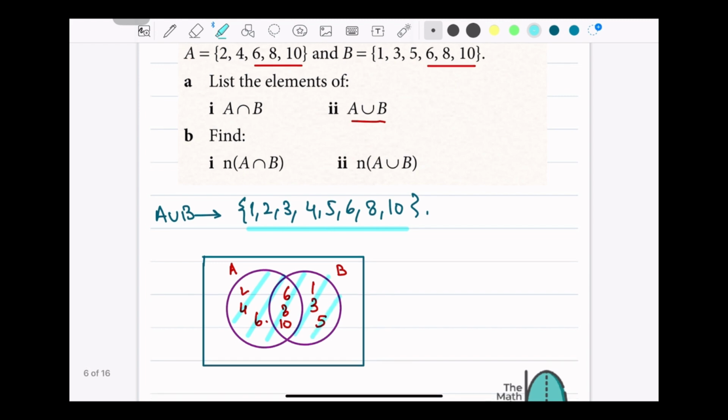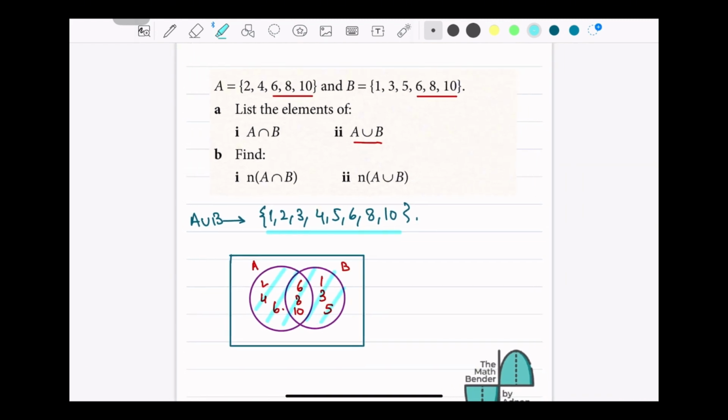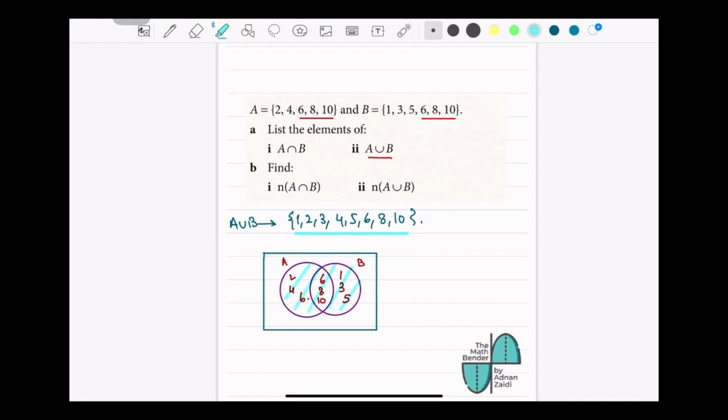So when you say A union B, two sets, you shade all of A and all of B together.